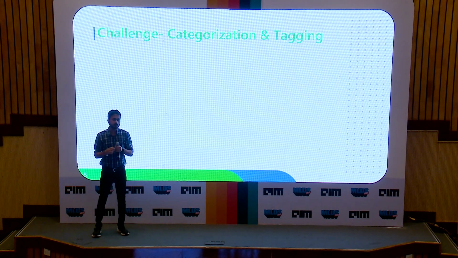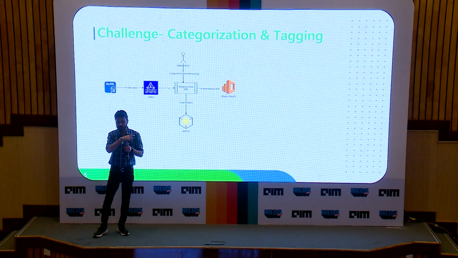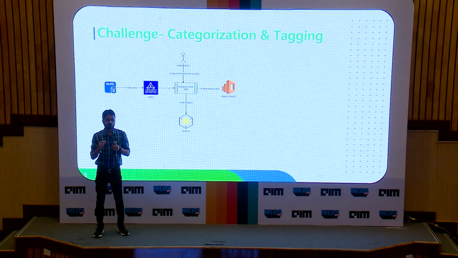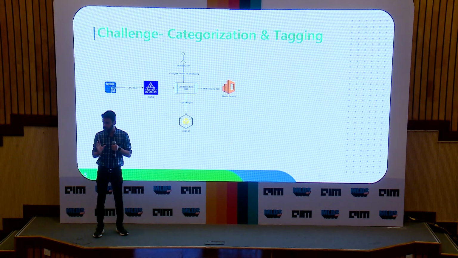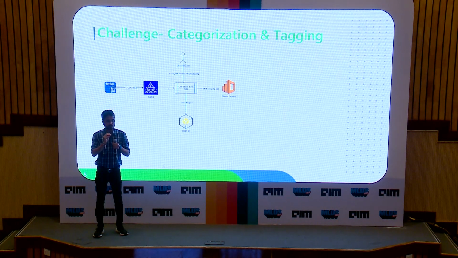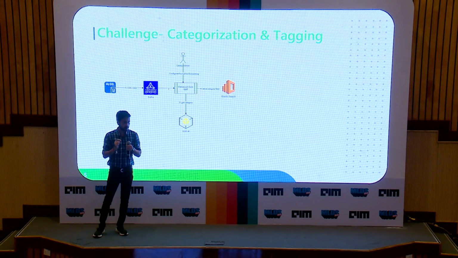So let me explain what categorization and tagging is, which we also saw yesterday in our first paper presentation. Categorization and tagging in any e-commerce system is very important. The most important thing is having properly categorized SKU items in the database, and as many tags as possible for that SKU, which will make the search very accurate.